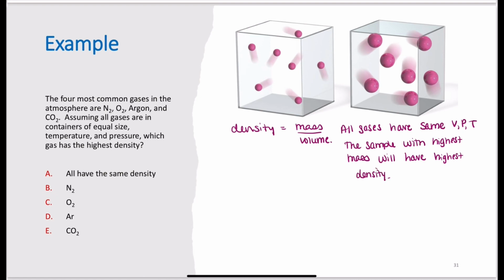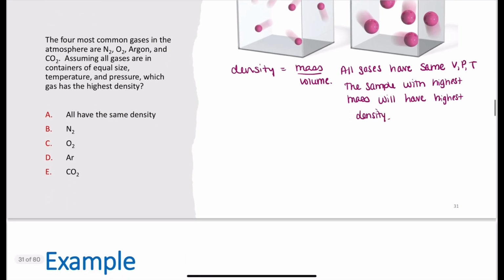So let's find their masses. N2, 28.01 grams per mole. O2, 32.00 grams per mole. Argon, 39.94 grams per mole.